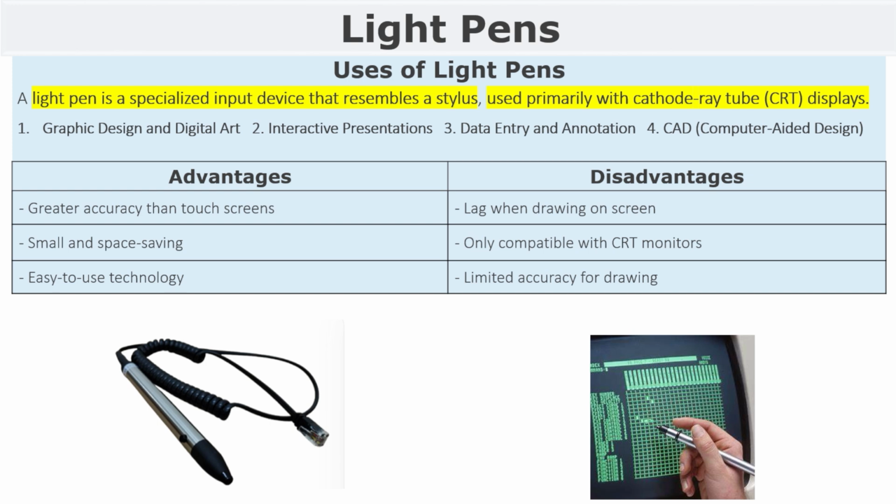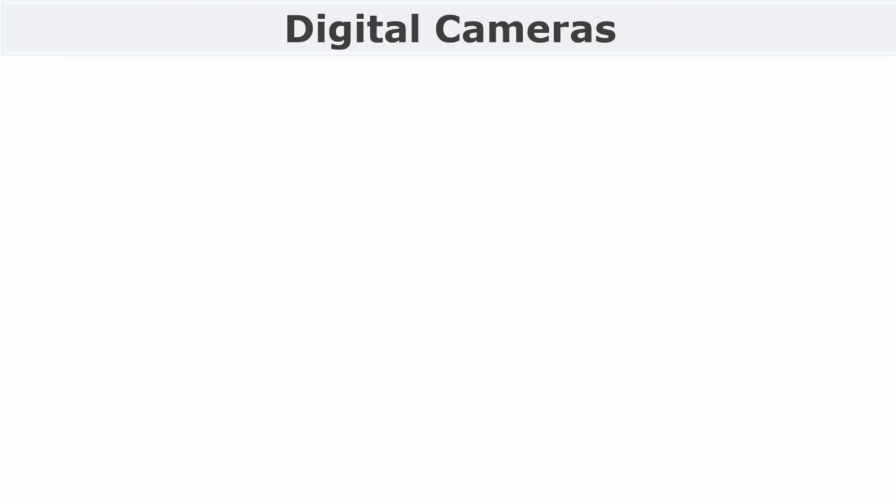So when you draw on the screen, it lags a little. There's a little delay in the way it behaves. And then the other item is that it's only compatible with cathode ray monitors, and it has some limited accuracy for drawing.